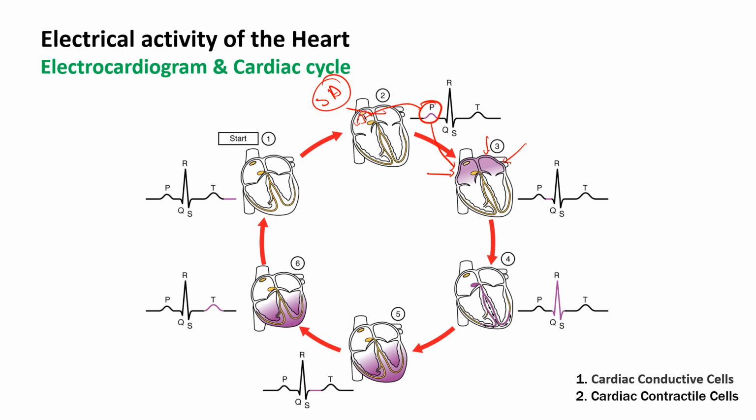At the same time, while the muscle is contracting, notice that there's this little pause. That is the time it takes to stimulate the AV node, so the AV node can fire and conduct or transmit the electrical impulse to the ventricles.